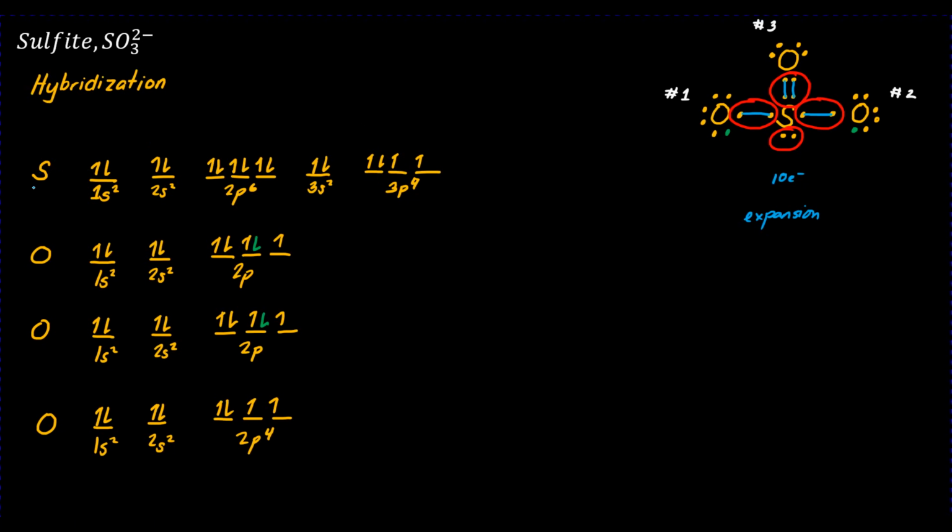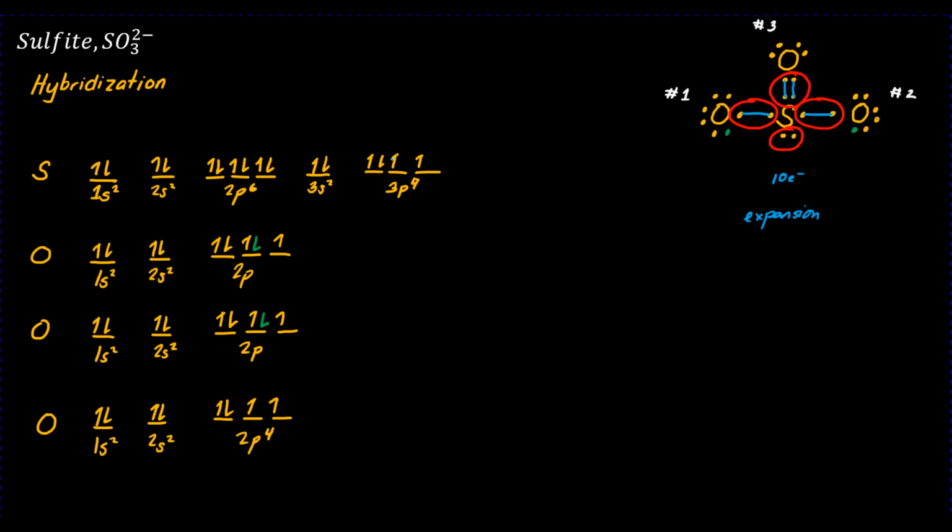Now, 3s2, 3p4, I hope that's clear here. If sulfur is going to form a covalent bond to form a molecule or polyatomic ion, there has to be a rearrangement here in order to cater for bonding to occur.